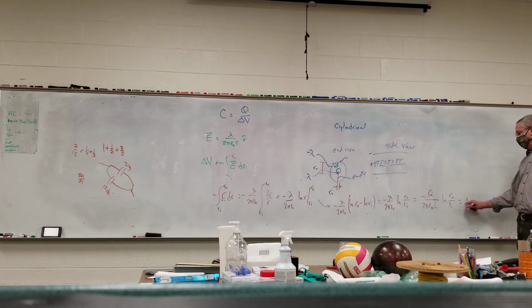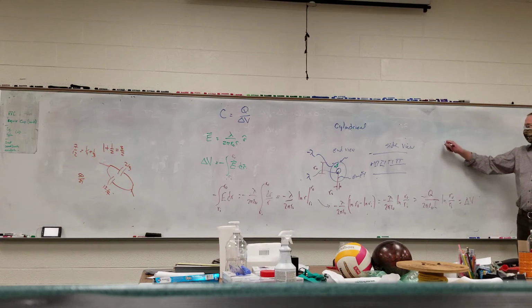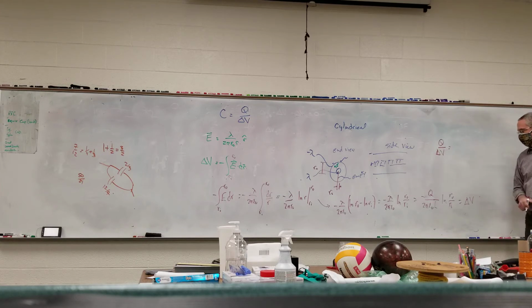So that's equal to delta V. But I want Q over delta V. So bringing V down, everything else up, this becomes 2 pi epsilon sub naught L over natural log of r outer over r inner.